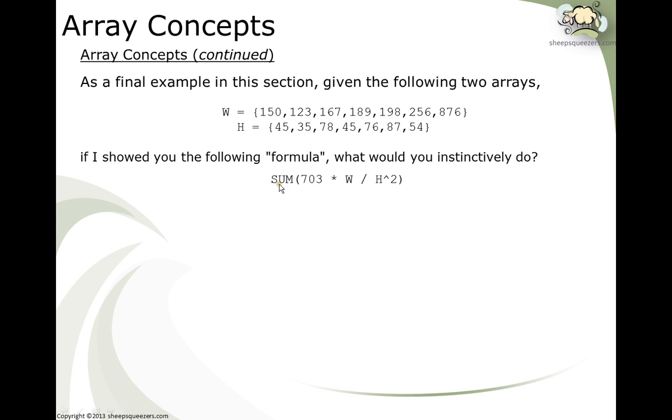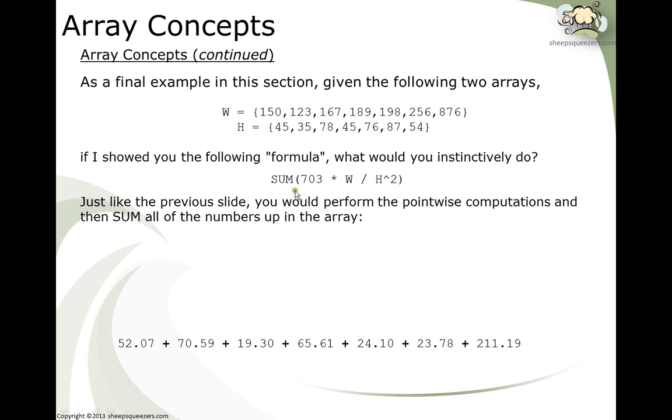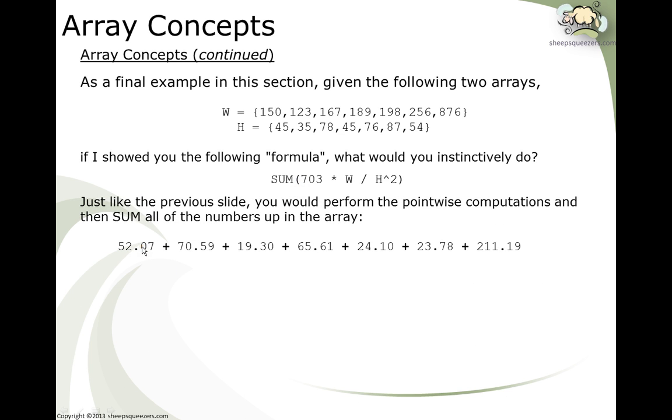And what would you do given the sum function around that array? The same thing that would happen if you summed up a couple of rows or a couple of columns. You would basically sum up all of the array elements. And so you'd wind up with 52.07, which is the first array element, plus 70.59, plus and so on up to 211.19. And you would wind up with 466.64.